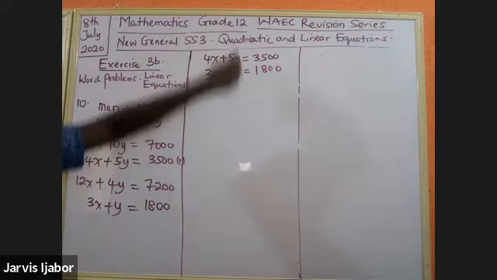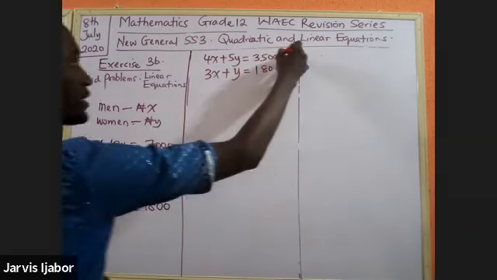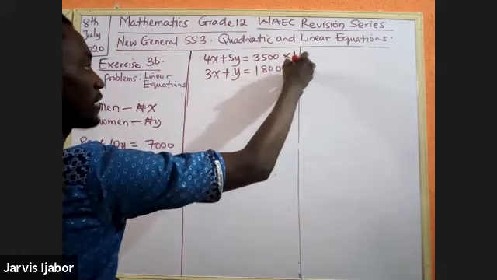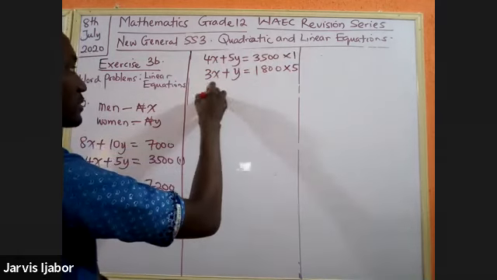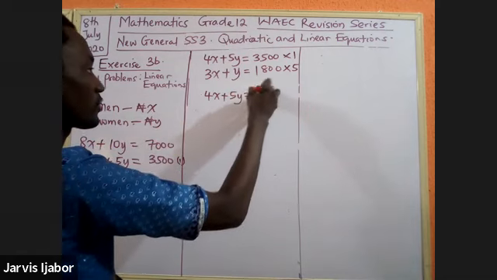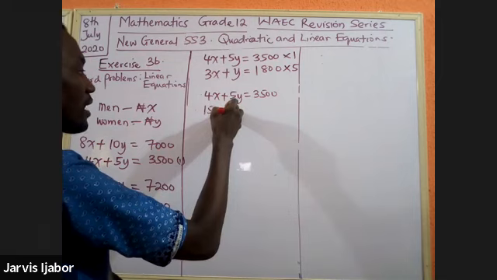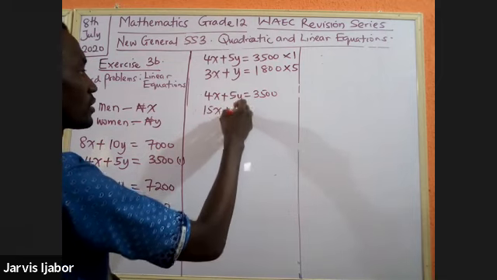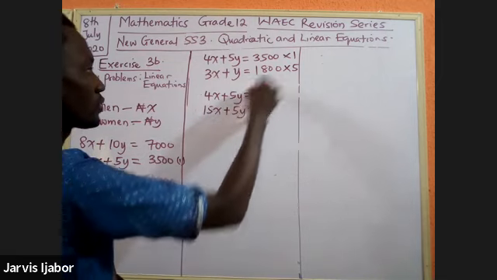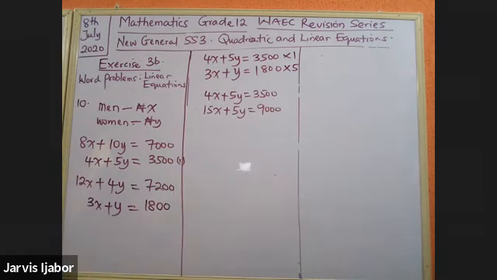So I would advise you use this one. I'll multiply this by 1 and I'll multiply this by 5. So I'm going to get 4x plus 5y equal to 3,500. I'm going to get here 15x plus 5y equal to 9,000. So at this point, I will subtract.